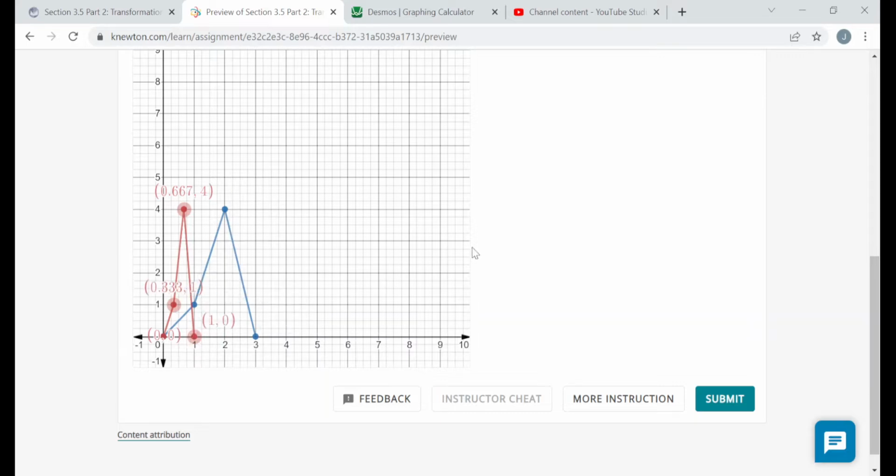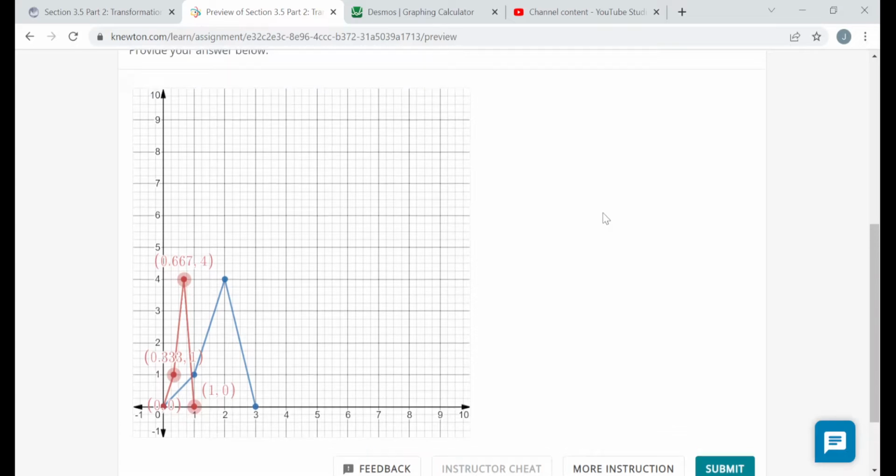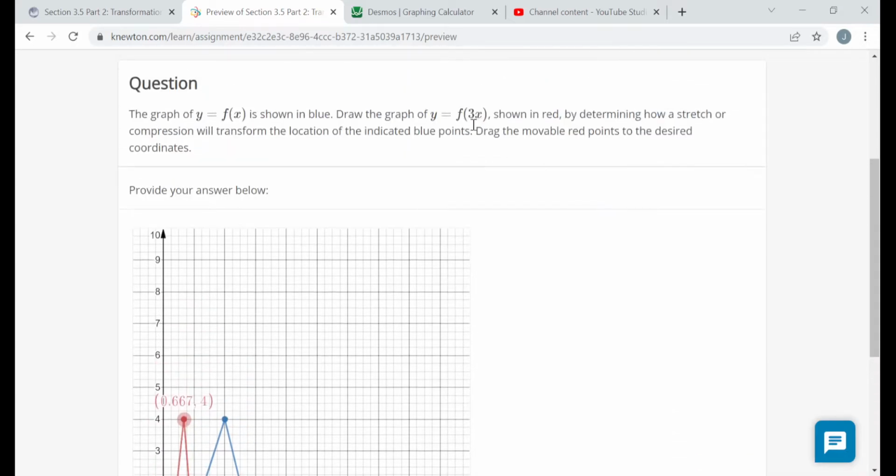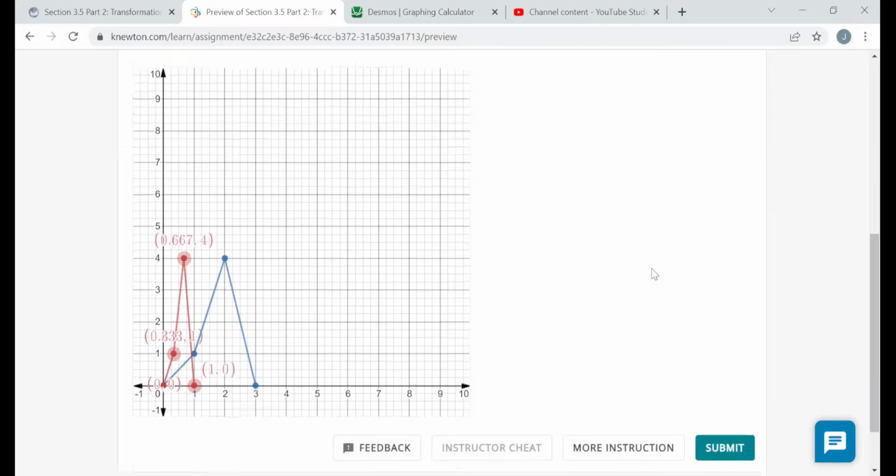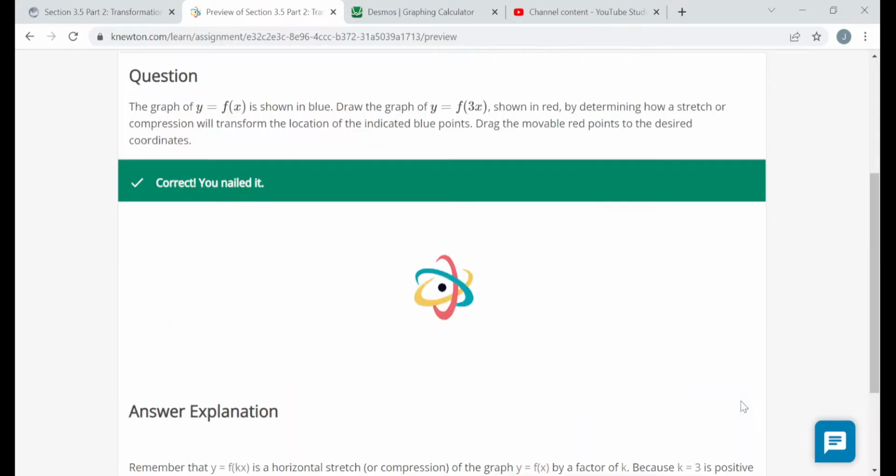And there you go. Every point on the red graph is 1/3 of the distance from the y-axis as the points on the blue graph. You had a horizontal compression by a factor of 1/3 when x is replaced by 3x. Great.